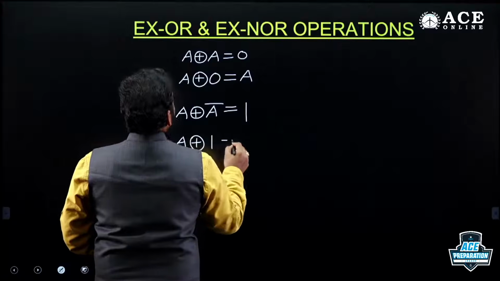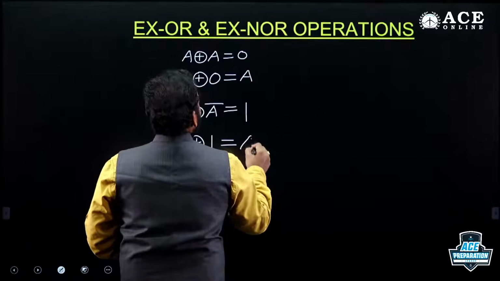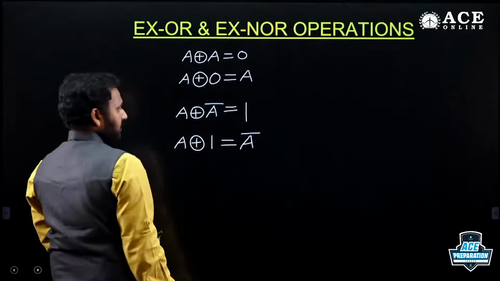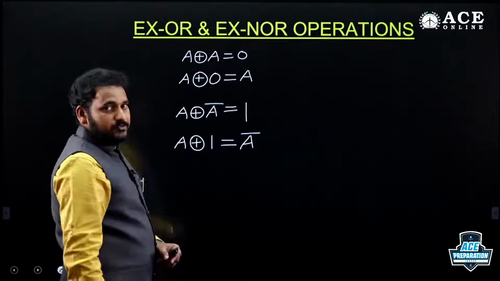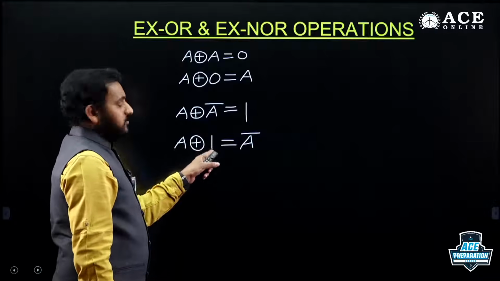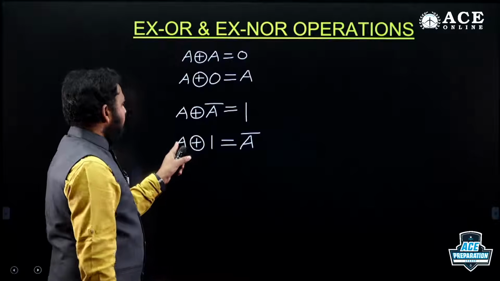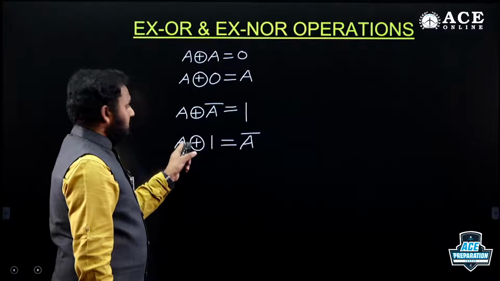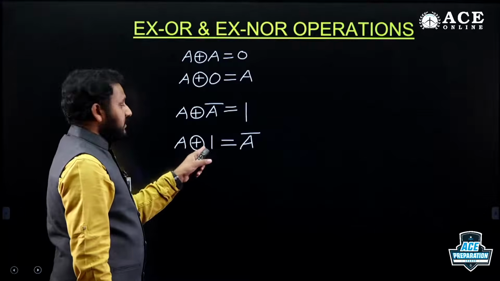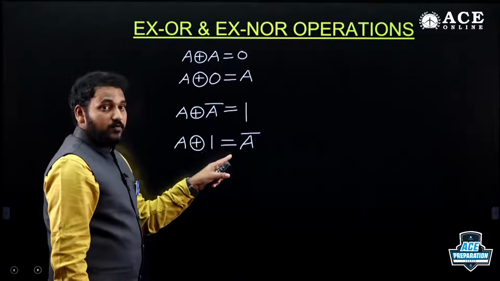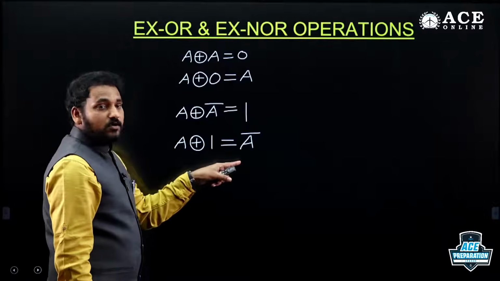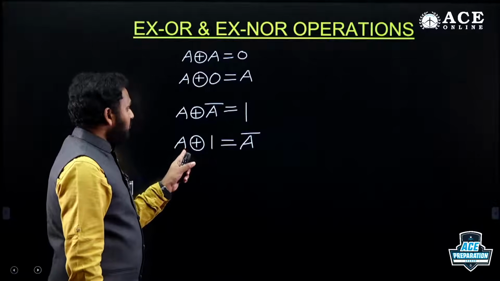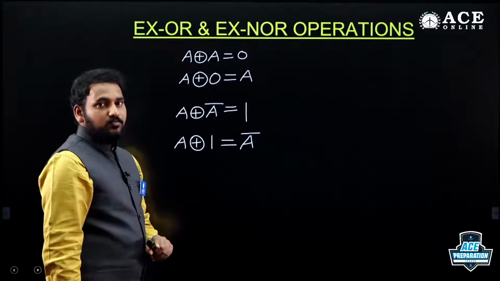If one input is 1, it is acting as an inverter. Otherwise, you can substitute the values. A XOR 1, A can be either 0 or 1. 0 XOR 1, what will be the output? 1. 1 XOR 1, 0. Whatever the A you are going to substitute, that will produce its complement at the output.